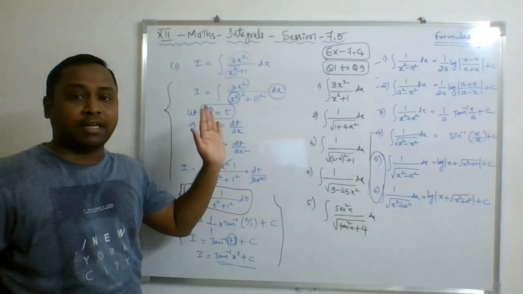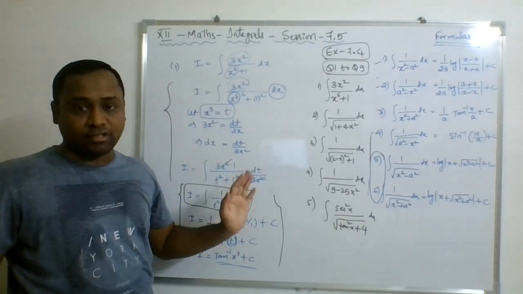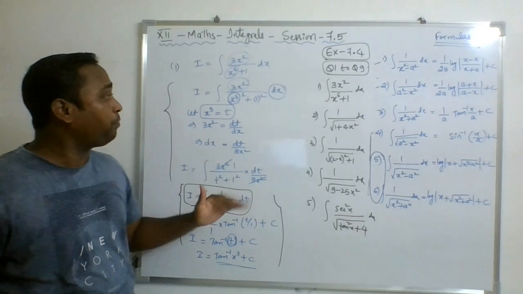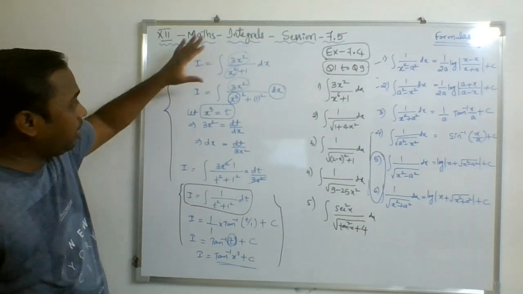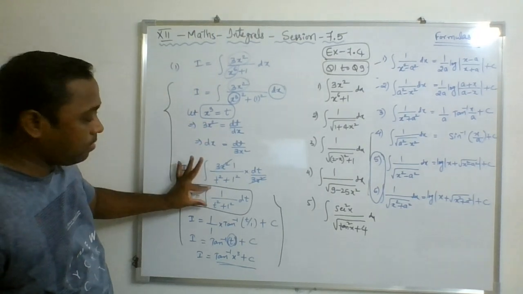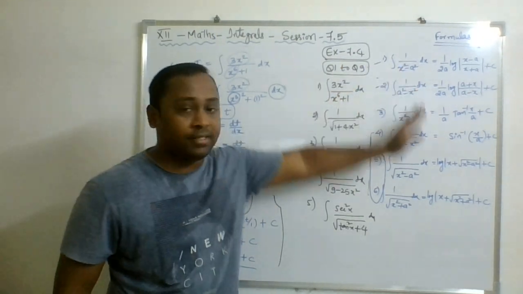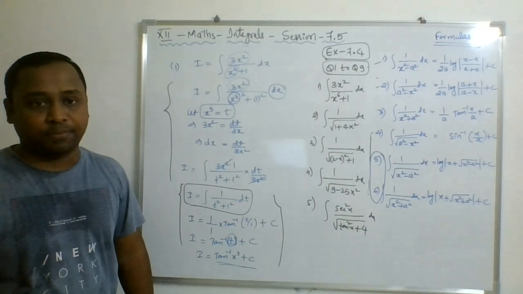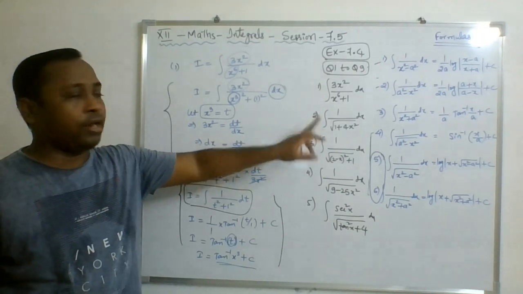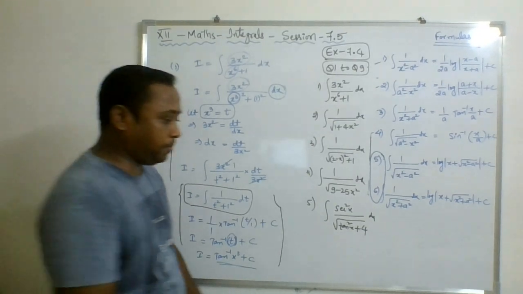As you already practiced this substitution technique in the last session, it won't be a problem for you. Then just go with the process, and automatically this sum is going to become one standard form out of these 6 forms, and you directly use a formula to get the final answer. In a similar manner, we are going to do question number 2 as well.